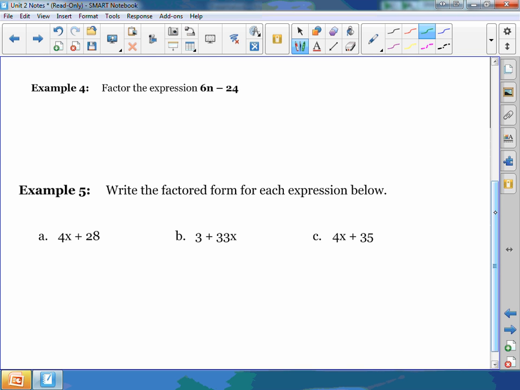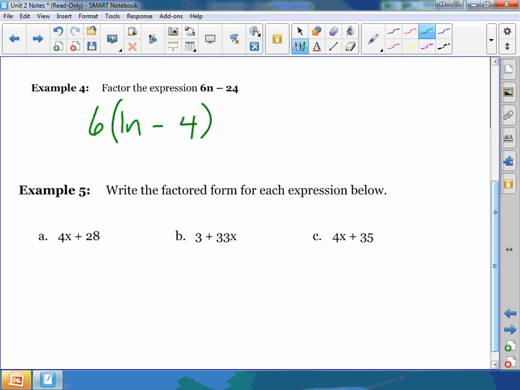Joey? 6. So I'm going 6 groups of what, Joey? So if I look here and say, okay, my coefficient in front of the m is a 1. I have 1 and I have 4. Well, if one of them is 1, then you know you fully factored it, right? If you factored it down so far that your one coefficient or number is 1, then I know that that's factored, okay?